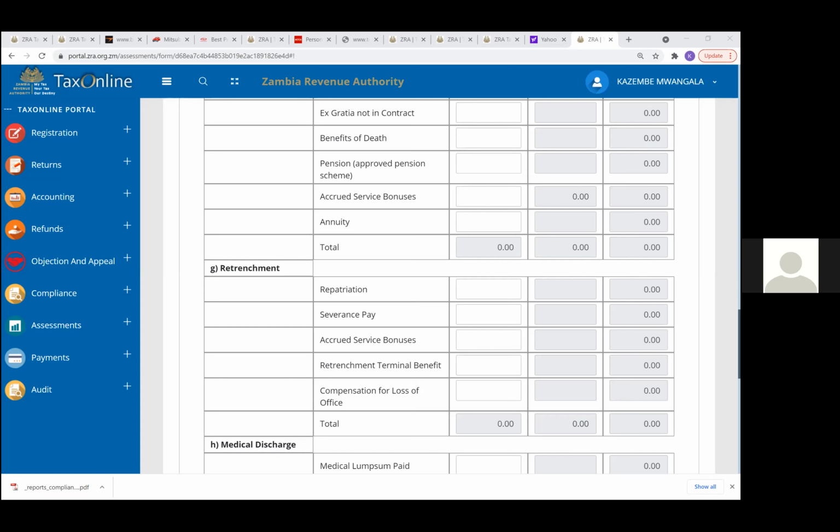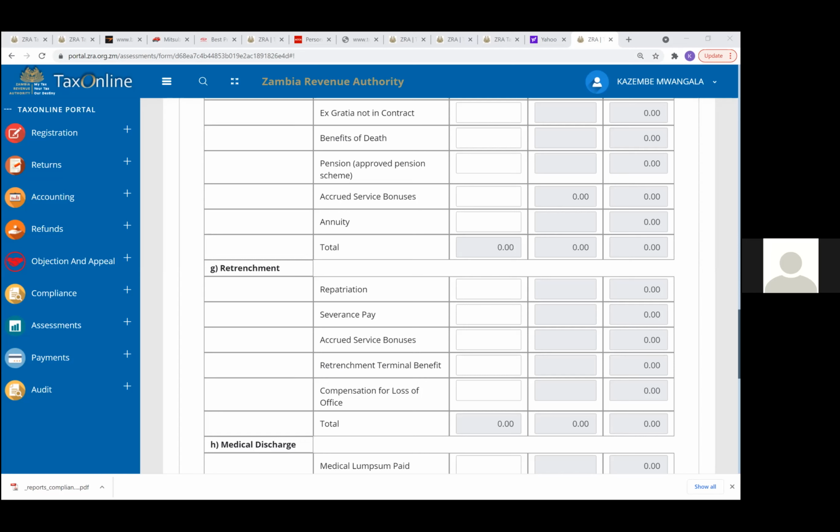So when I realize that my employer has overtaxed me from January up to August, and I approach them and show them, saying, you are still using the first 3,300 when the law says 4,000 for 2021, and the employer acknowledges that, provided the year has not yet ended, the employer should do a recalculation. And if it is found that they have overtaxed me up to this point, they themselves are supposed to give me a refund because the law empowers them to do so.